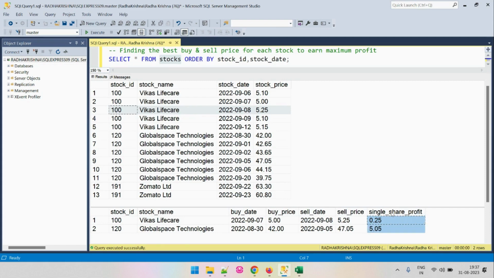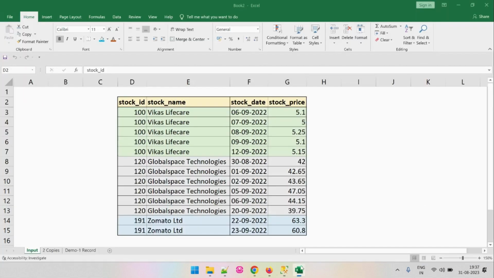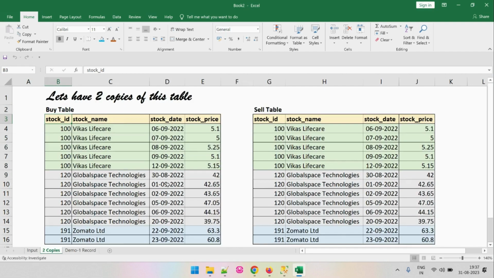So let's work on this problem and try to get this output. This is the data that we have. Now we will create two tables out of it, so kind of two copies.